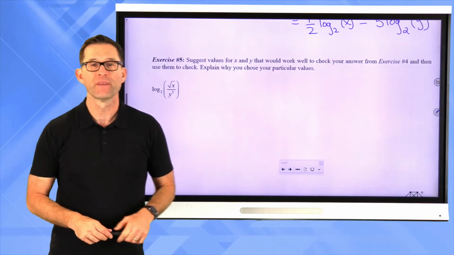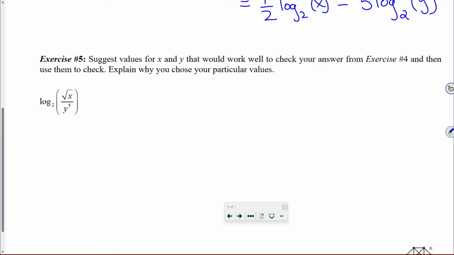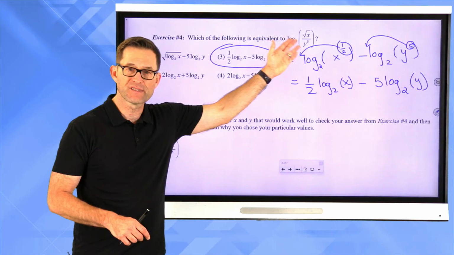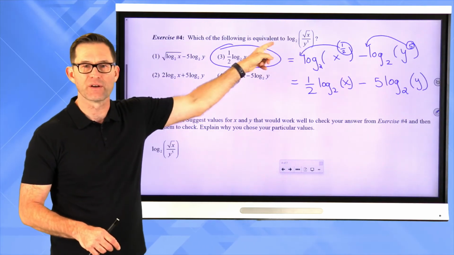Exercise 5. Suggest values for x and y that would work well to check your answer from exercise number 4, and then use them to check. Explain why you chose your particular values. So in other words, I would like to see if I've got the right choice here, right?